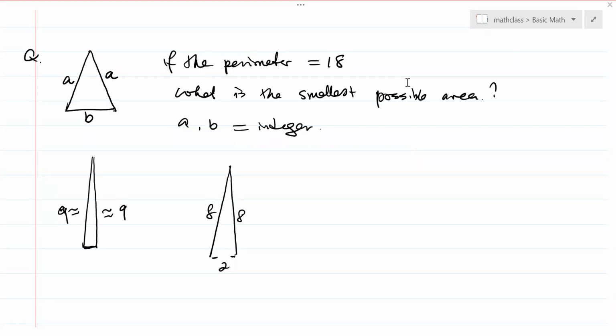But this may not be true. You have to prove that. There are so many different possible triangles there.